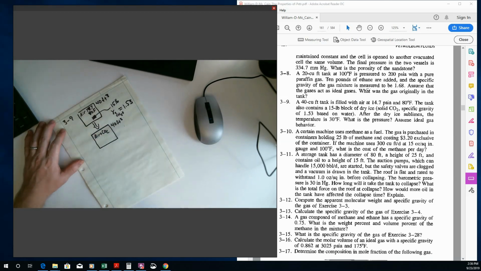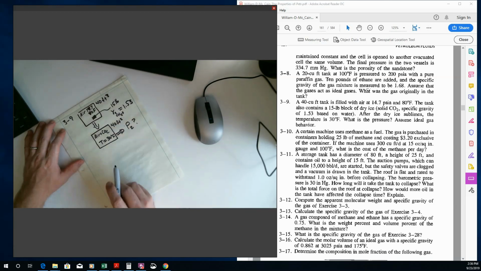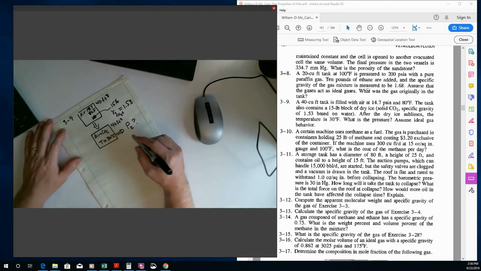That air CO2 mixture ends up having a temperature of 30 degrees Fahrenheit. And the question is, what is the final pressure P2 here, assuming ideal behavior?